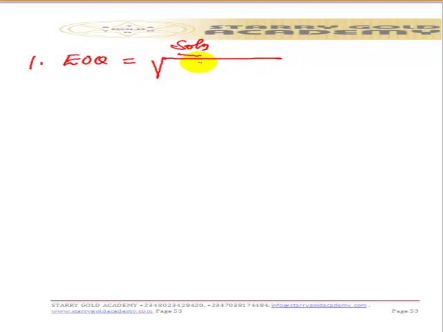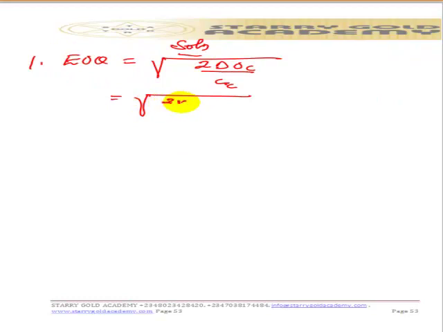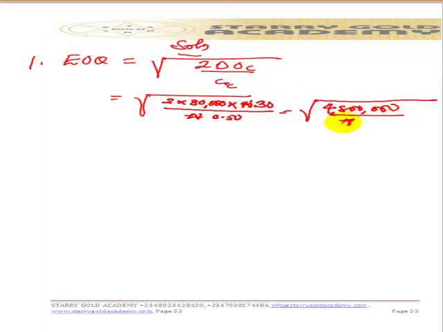Remember, EOQ is square root of 2DOC over CC, and that's going to be square root of 2 times our annual demand 80,000 times the ordering cost, which is given as 30 naira, over the carrying cost, which is given as 50 kobo. 2 times 80,000 times 30 is 4,800,000, divided by 0.50, that's half of this, so times 2, that's 9,600,000.